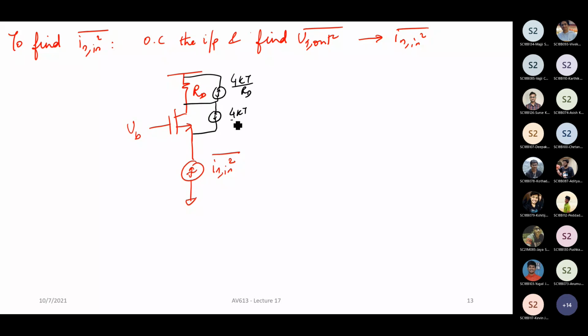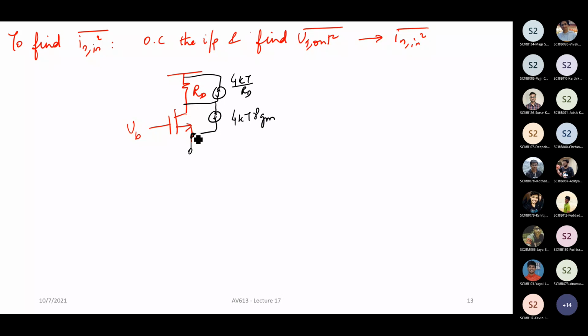This is 4kT gamma gm. Now here, let's say we are open circuiting this, right? So when you are open circuit, anyway, this is a current source, so basically this cannot draw any excess current. So it is as good as saying, this is how it is.